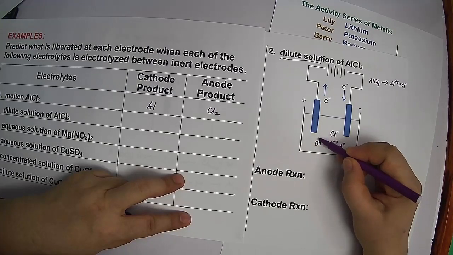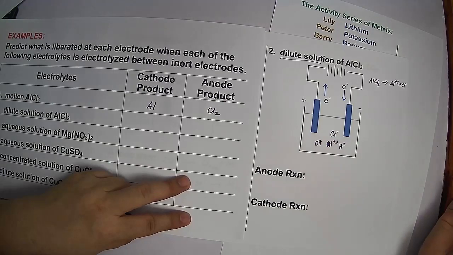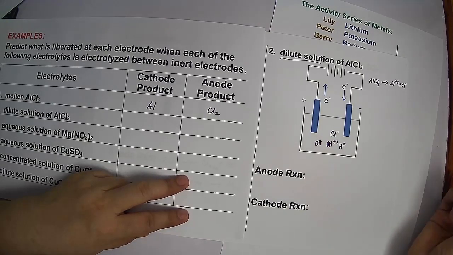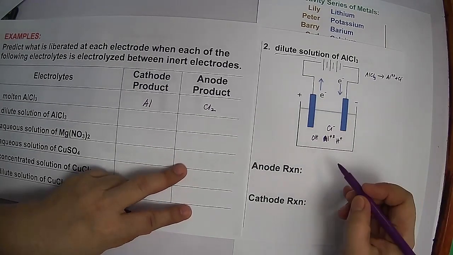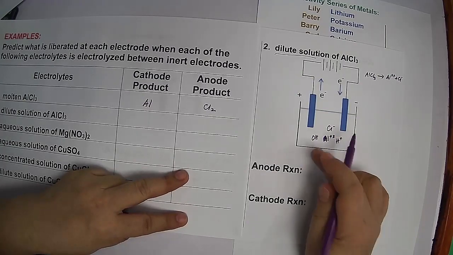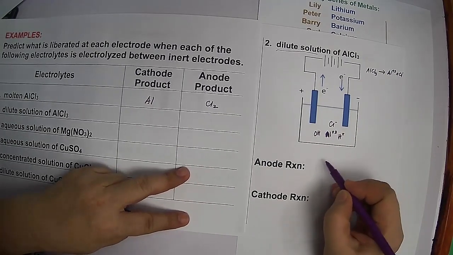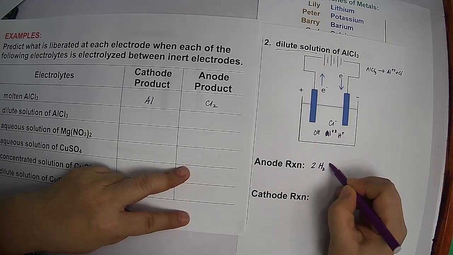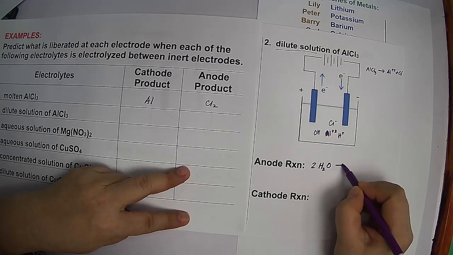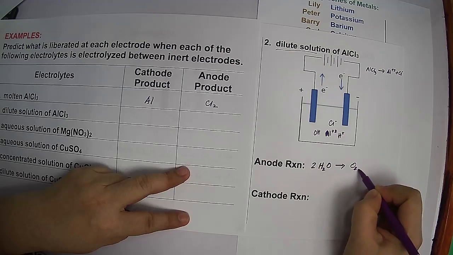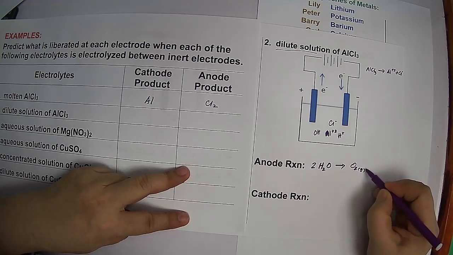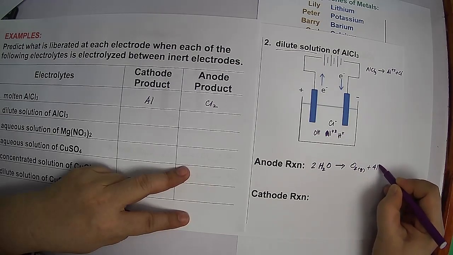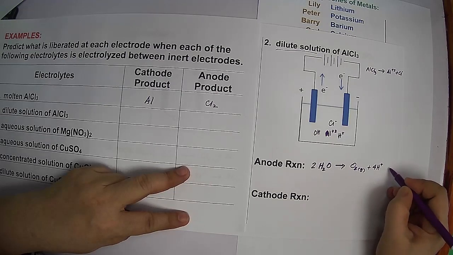So in the anode compartment, what takes place is the oxidation of water: 2 moles of water oxidize to oxygen gas, 4 moles of hydrogen ion, and 4 electrons.